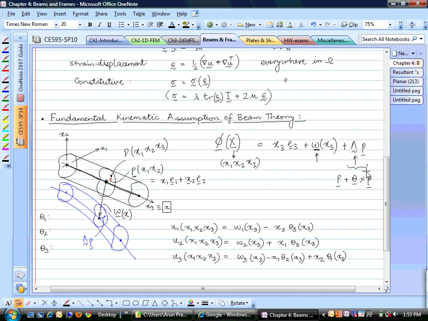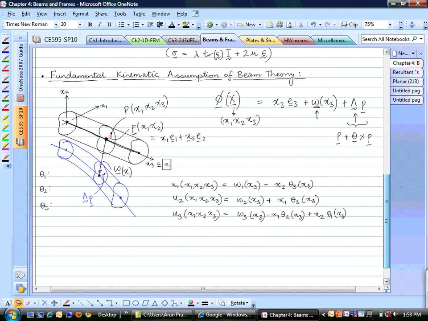Okay, so if we make this assumption, we can write our u, the displacement vector, in terms of this displacement w, which is a function of x only, plus theta cross p. So this is the fundamental kinematic assumption behind beam theory for small strains.